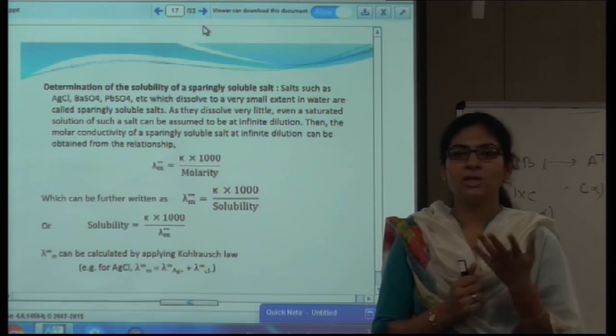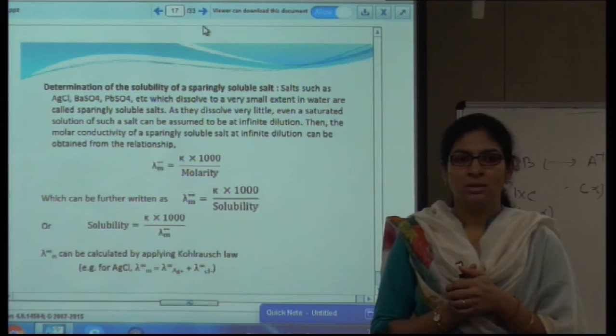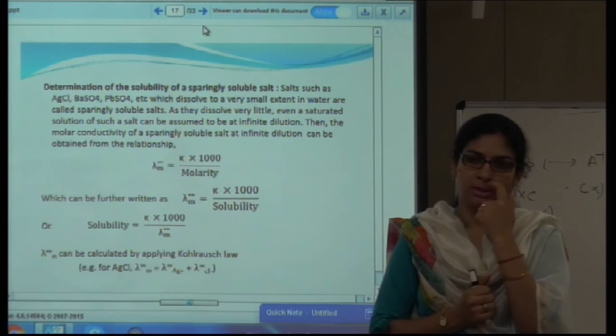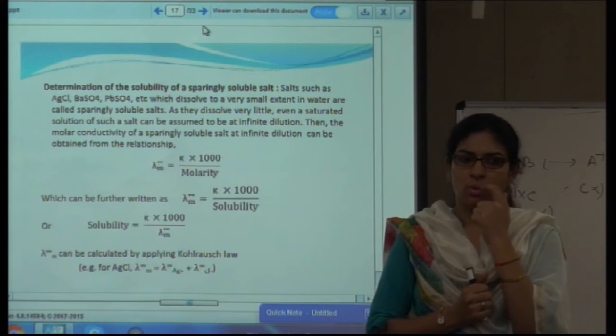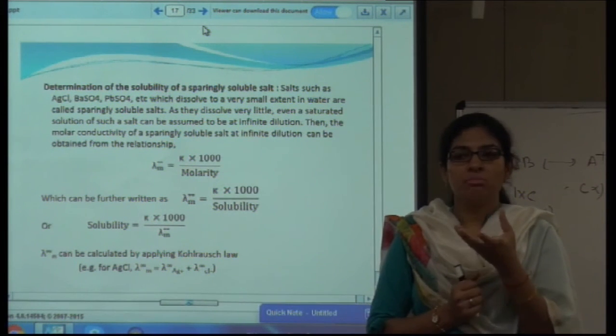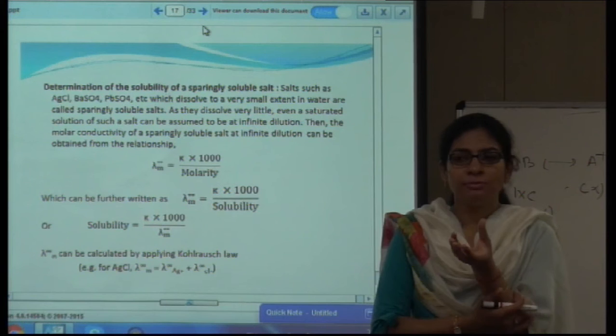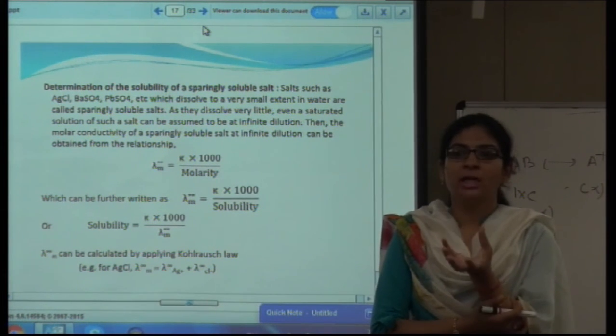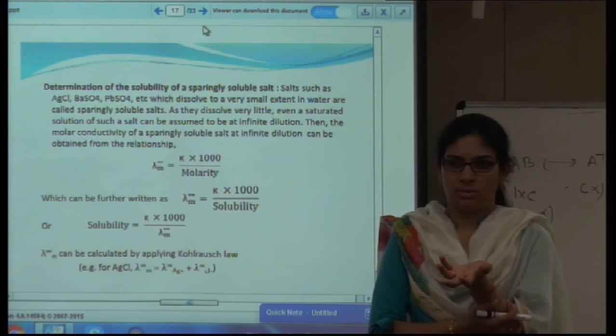How do you define the solubility of any electrolyte? It is the maximum amount of solute that can be dissolved in a given quantity of solvent, right?